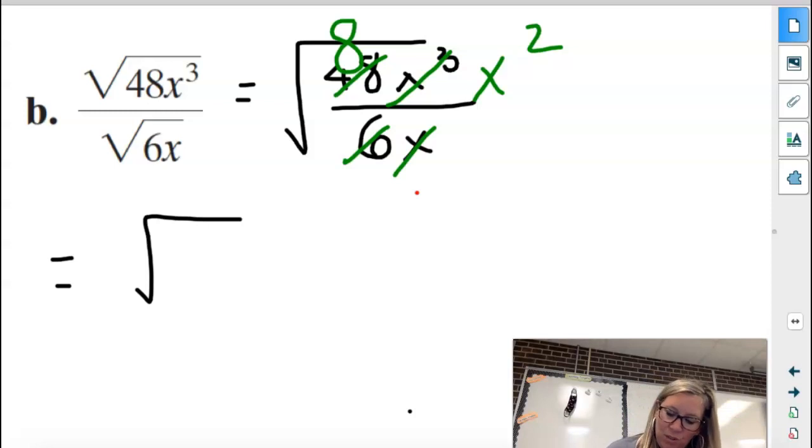So once you simplify that, you're going to get 8x squared. All right, now you can go ahead and take the perfect square for 8. It can be broken down as 4 times 2.